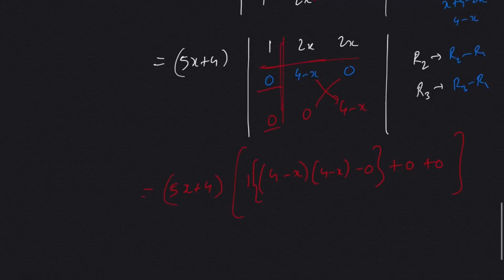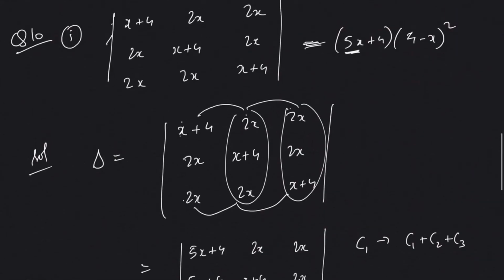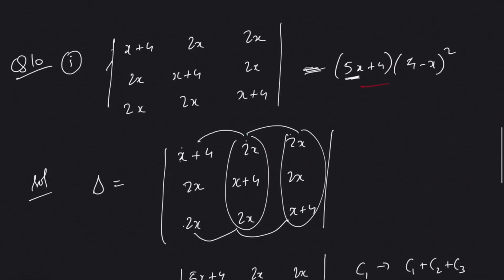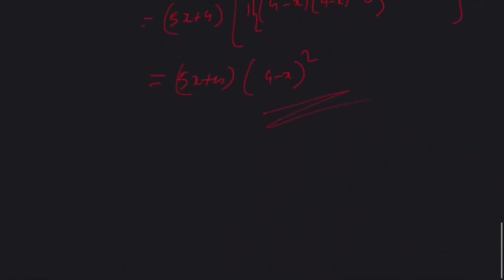For this element, anything into 0 will be 0. There's no point in proceeding, because 0 into whatever you get will be all 0. So we have 5x plus 4 into 4 minus x whole square. The remaining terms will all be 0. So I think that's our proof.